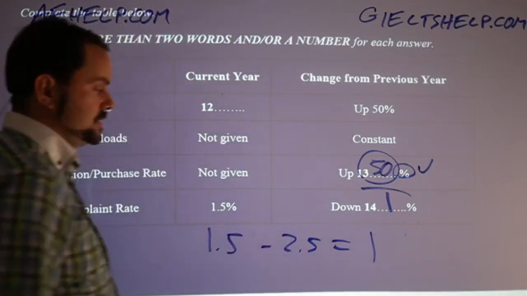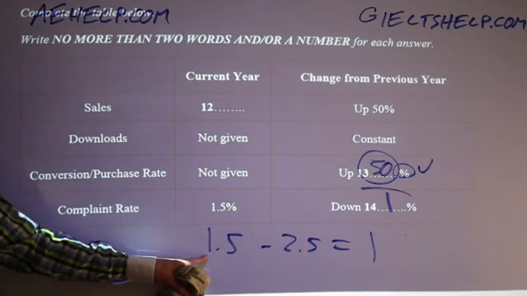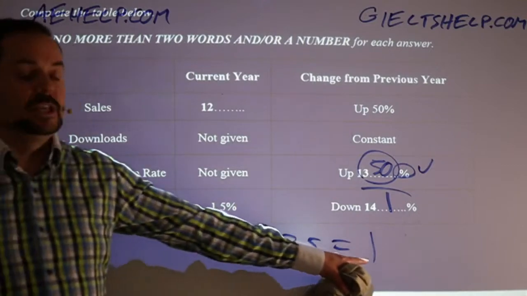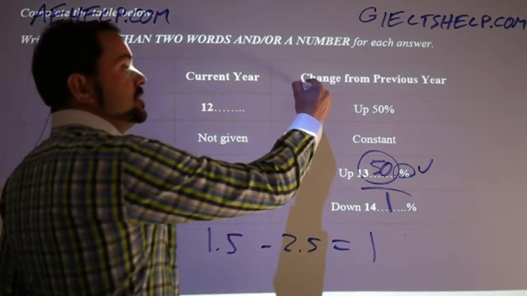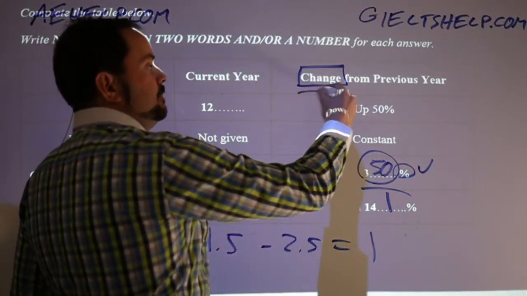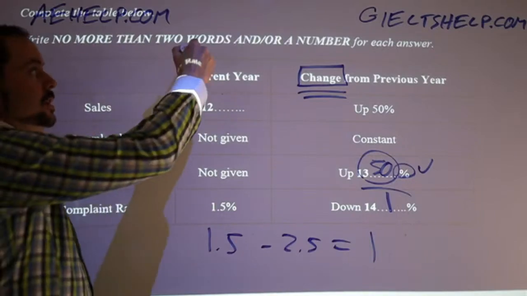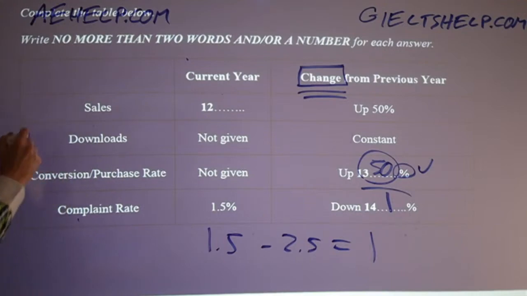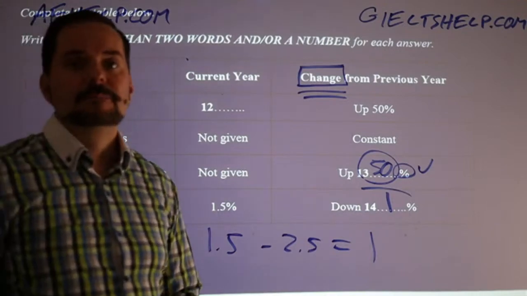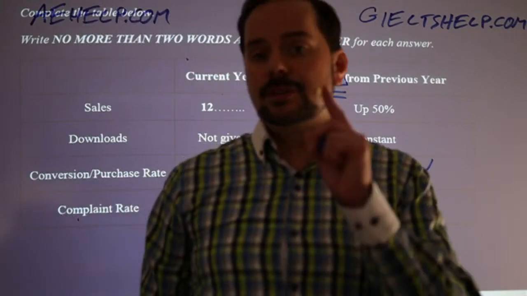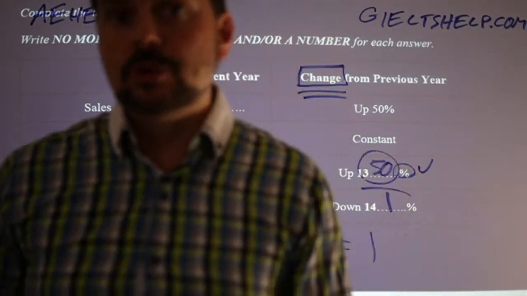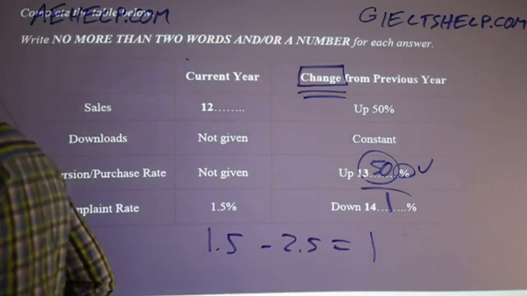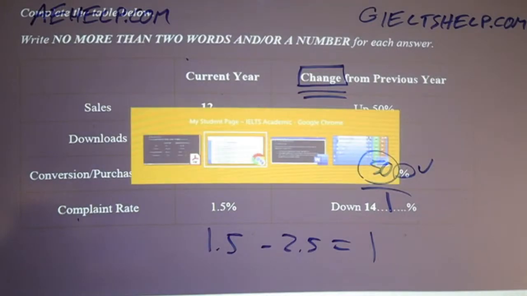So it's a difference of 1, right? 2.5 minus 1.5 equals 1%, because this is change from. Pay really careful attention to the titles of columns and rows. It's a very important tip. Pay careful attention to the titles of the columns and rows in tables. Otherwise, you can get a lot of marks wrong. Be super careful about that.